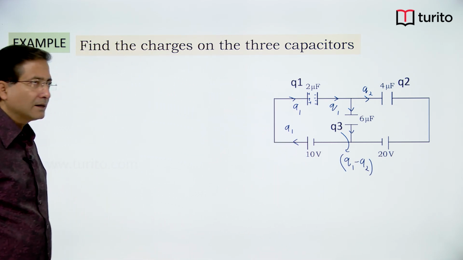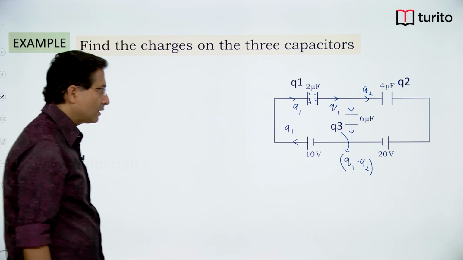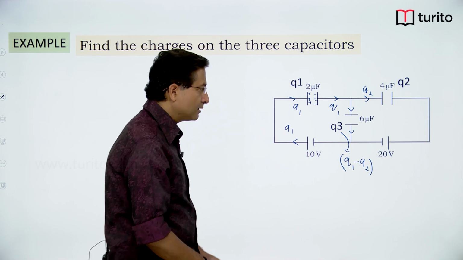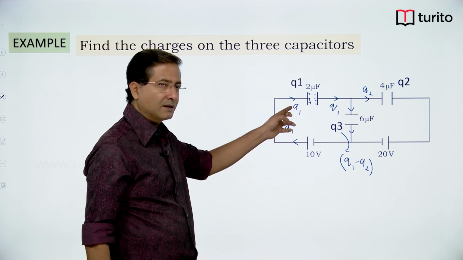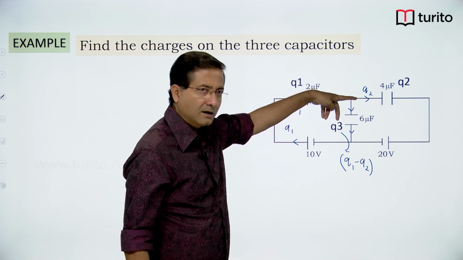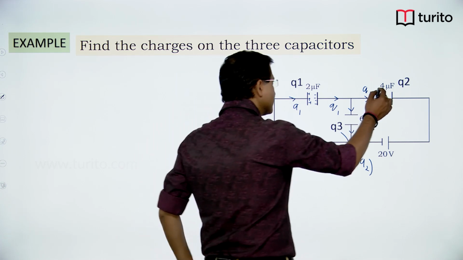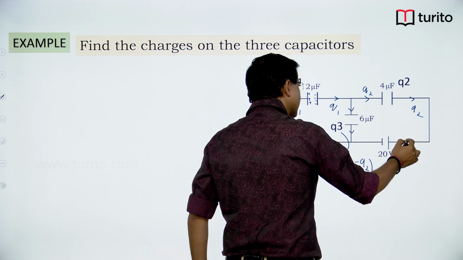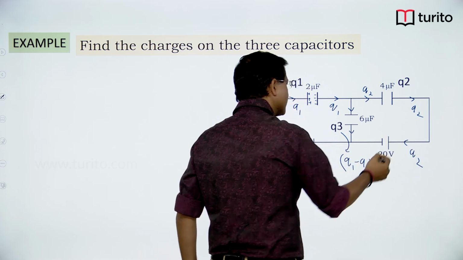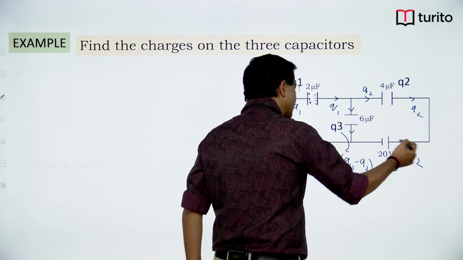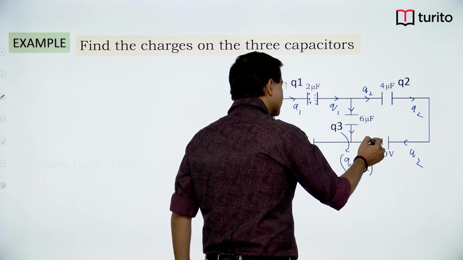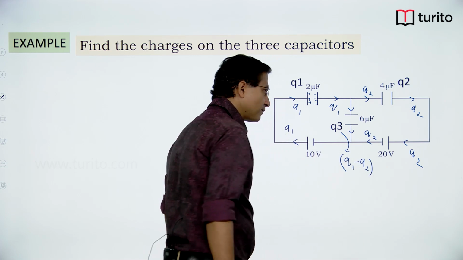So, I have no idea in what direction charge flows. I start with some assumption that this delivers Q1 charge and that gets divided here, and this plate receives Q2 charge, this gives away Q2 charge, and then this Q2 charge enters into the positive terminal of the battery.